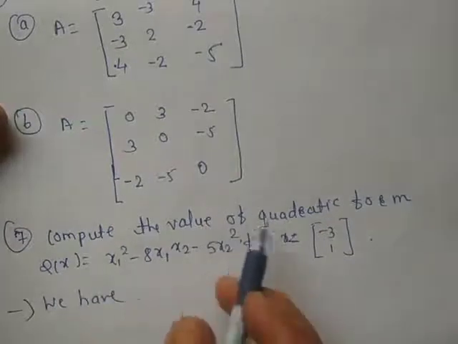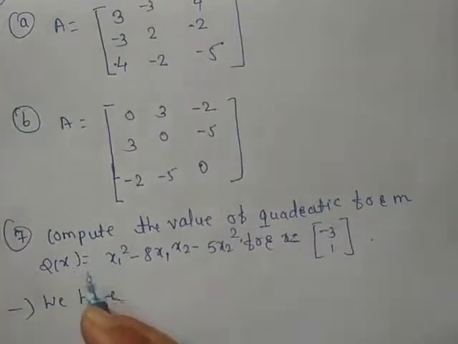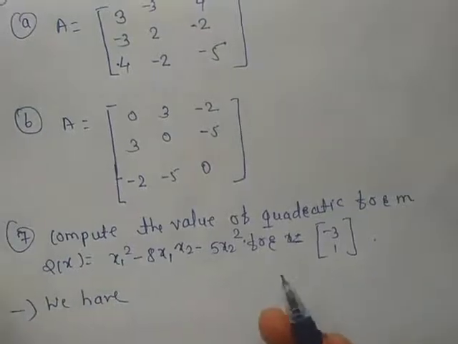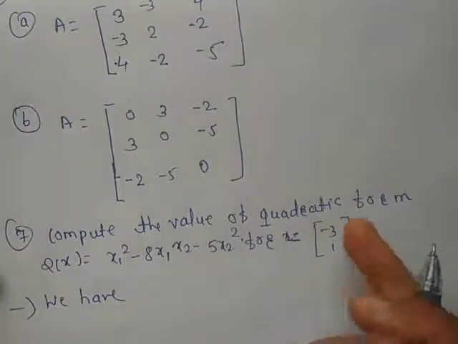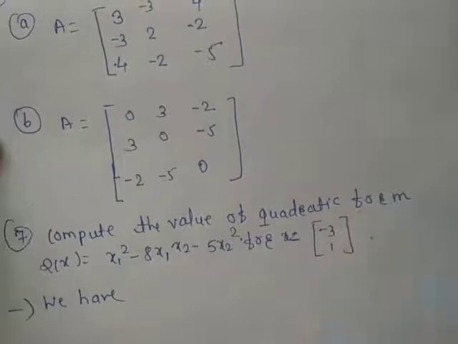Solution. We have to compute the value of this quadratic form where x is equal to the vector -3, 1.